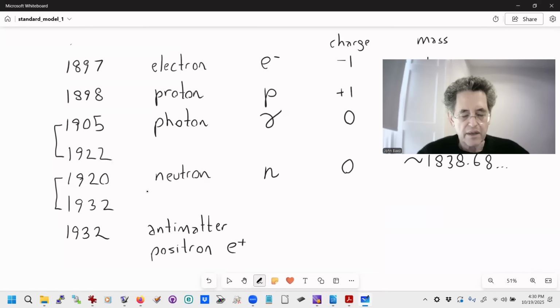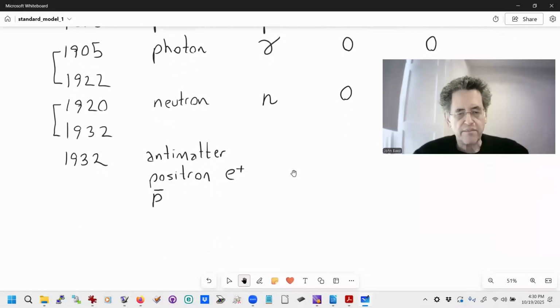And it turns out that not just electrons, but all particles have their own antiparticles. So there's an antiproton, which, well, we might call it P minus, but for some reason people call it P bar, where the bar symbol stands for antiparticle. And there's an antineutron, and so on.